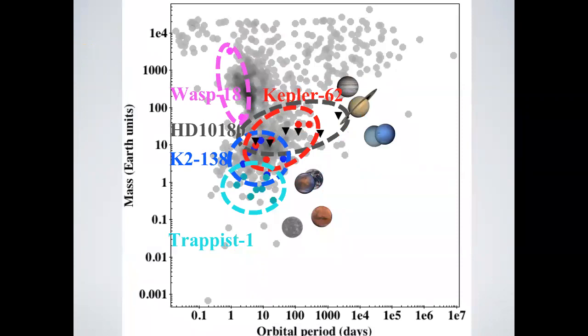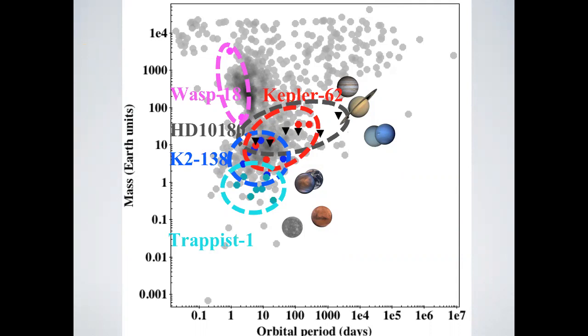This is the mass versus the orbital period. And in different colors, you see different planets within the same planetary system. So we have multiple planet systems with 6 planets.